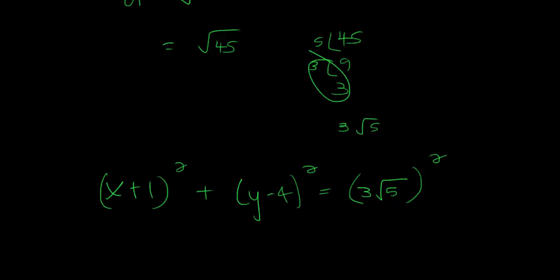Okay, and because 3 square roots of 5 is just a number, I can square that number, I'm going to do that really quickly. And for my final answer here, I get equals 45. And this is the equation of the circle.